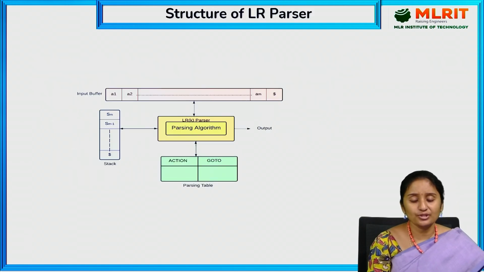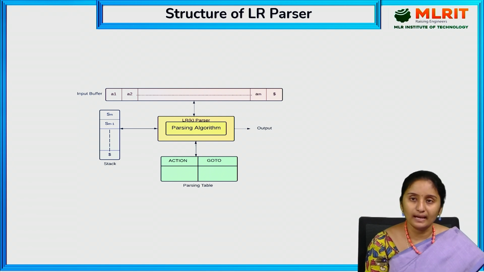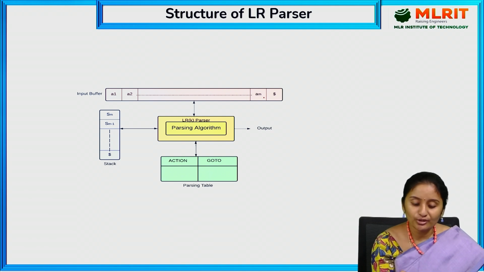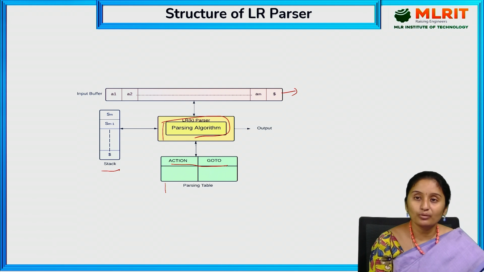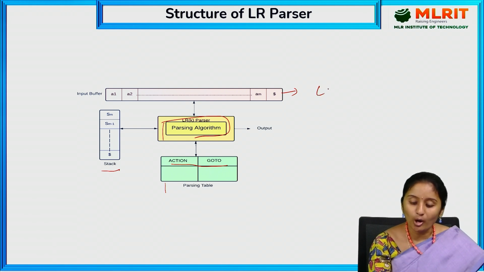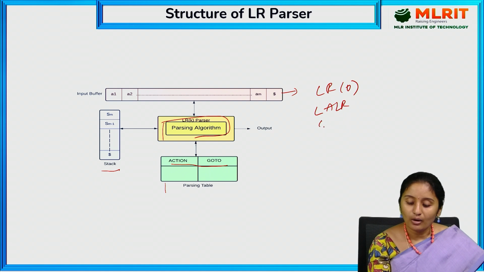Now let's check the basic structure of the LR parser. To apply those four parsing algorithms, we need some structure. We have the input buffer or input string, a stack, the parsing algorithm, and the parsing table with action and goto.